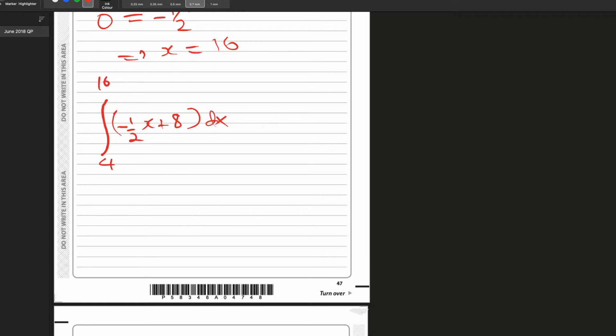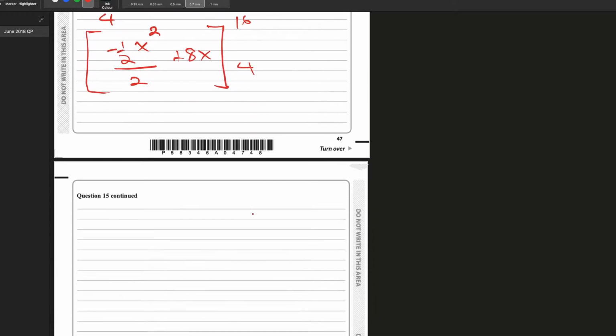When we integrate this, we are going to get minus half x squared divided by 2 plus 8x, with our limits 16 and 4.